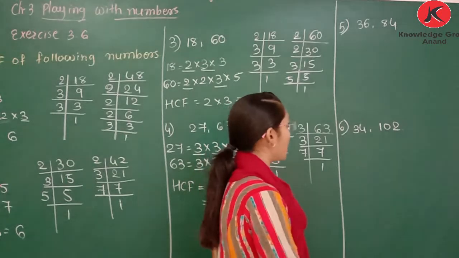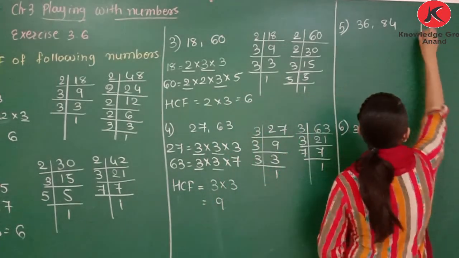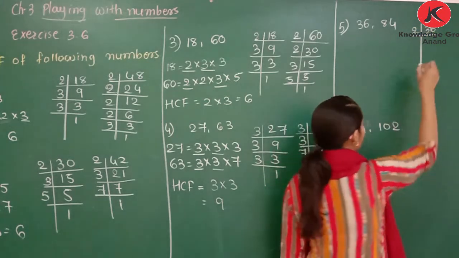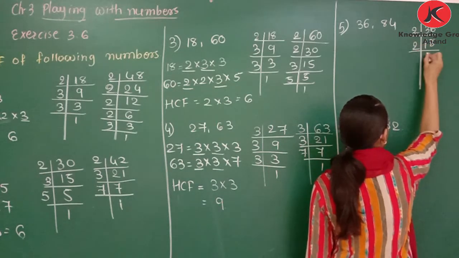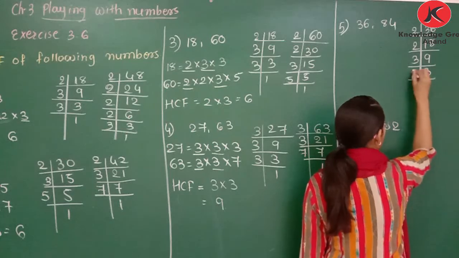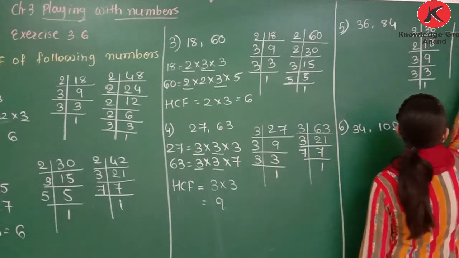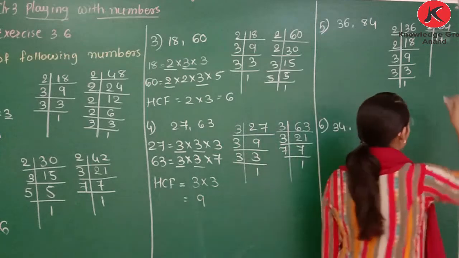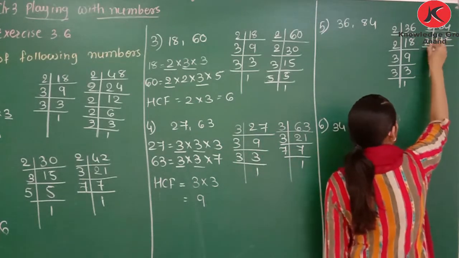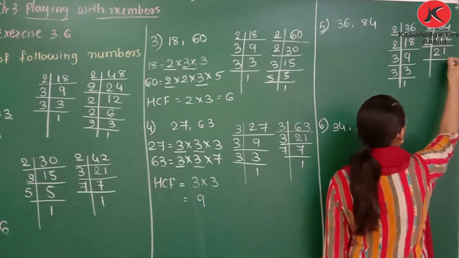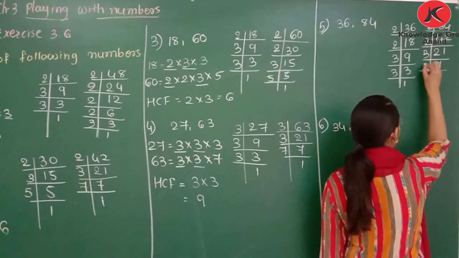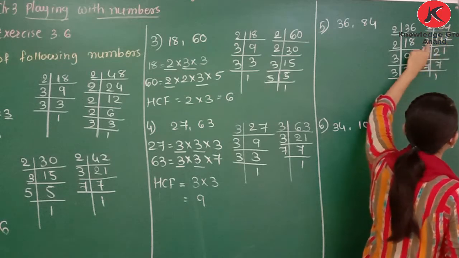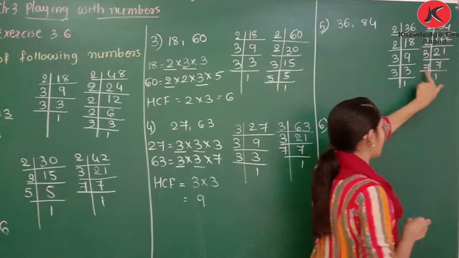Now fifth one, 36 and 84. So factor of 36. 36 is divisible by 2. 18 2s are 36. 2 9s are 18. 3 3s are 9. 3 1s are 3. 84: 42 2s are 84, 21 2s are 42, 7 3s are 21 and 7 1s are 7.